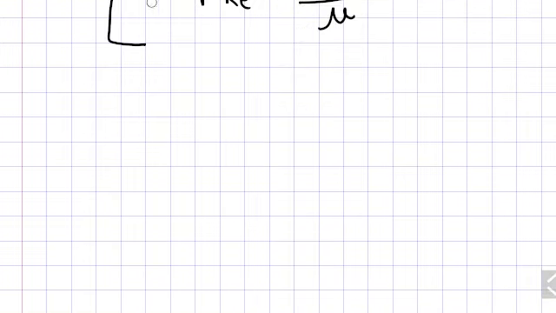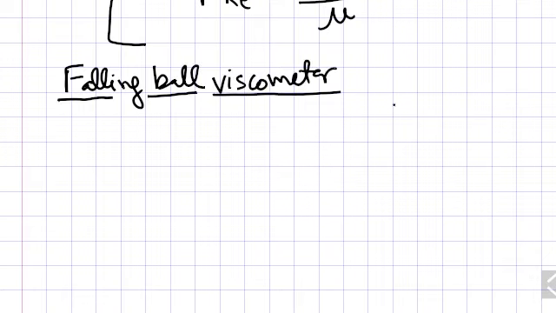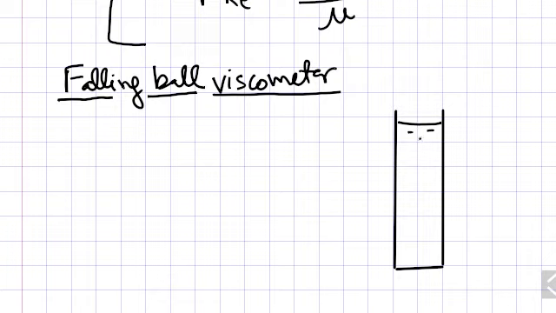A very good application of this Stokes law is the falling ball viscometer. What we do here is take a vertical cylinder, and in this we have some liquid filled, and here you have a scale.